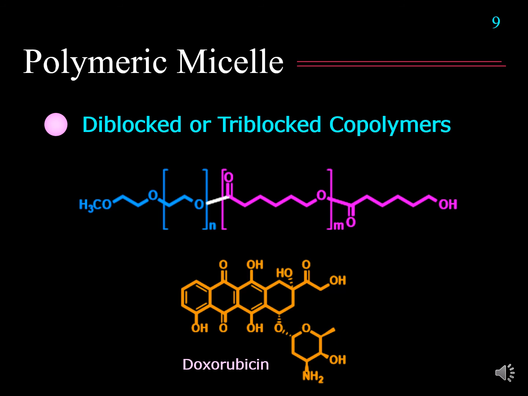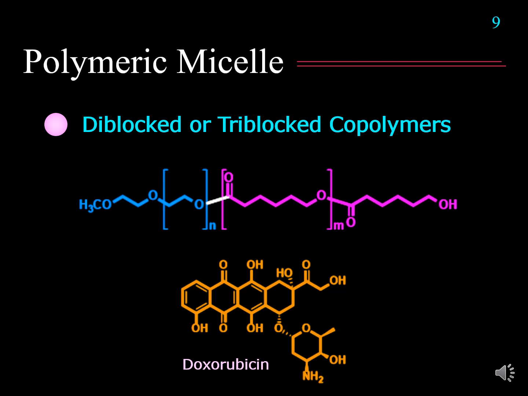This kind of polymer can act similarly to soap molecules, right? The pink parts turn towards each other and stack together by London forces or hydrophobic interactions, while the blue parts dissolve well in water and point outwards. So doxorubicin can be trapped inside the micelle structure in the pink region of the polymer.